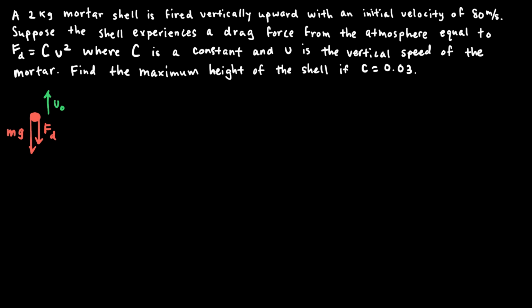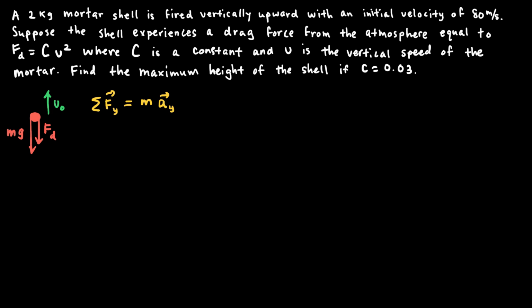And so now what we should do is use the free body diagram to create a Newton's second law net force equation that relates the motion of the object, whether it be the speed or the acceleration, to the forces that it's experiencing. And so I'll start by writing the net force in the y direction is equal to the mass of the object times the acceleration in the y direction.